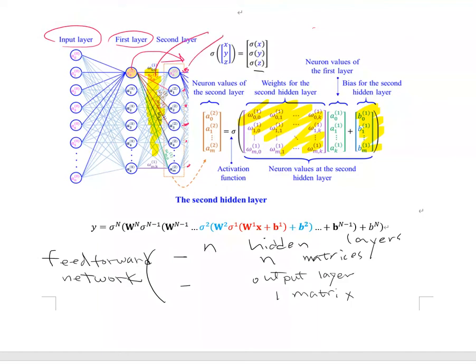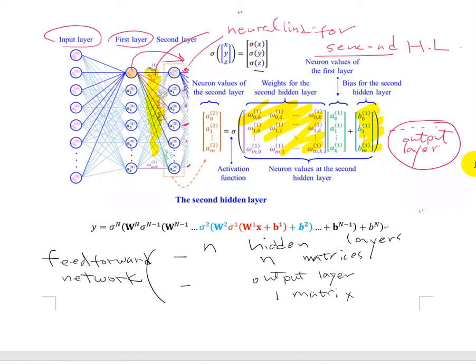These are also called neural links for the second hidden layer. This will continue all the way to the last layer, which is the upper layer.